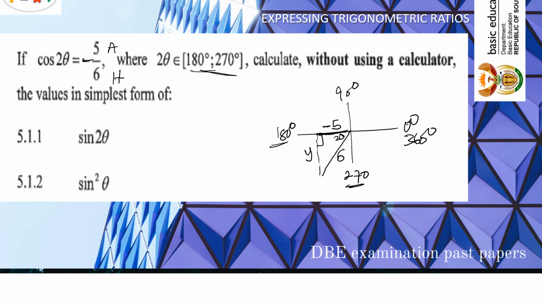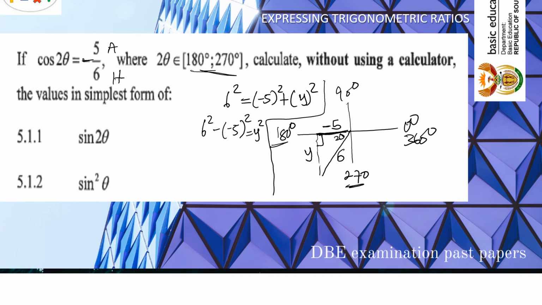How can we solve for y? That is a right-angled triangle, so we're going to use the theorem of Pythagoras. Hypotenuse squared is equal to the sum of the other two sides squared. I'm going to solve for y by taking that 5 to the other side.